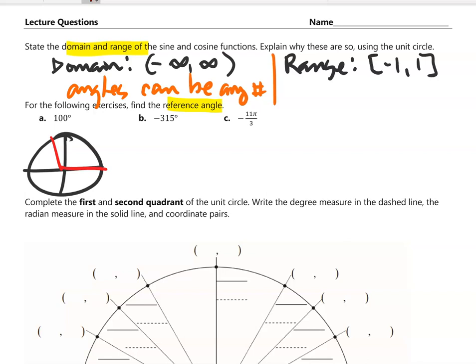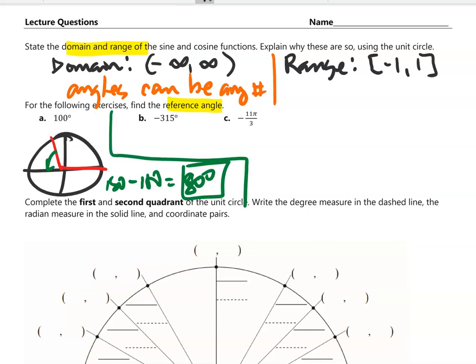And the fastest way to the x-axis is this. So that's why it's 180 minus 100 is equal to 80 degrees. 80 degrees. So that is letter A.